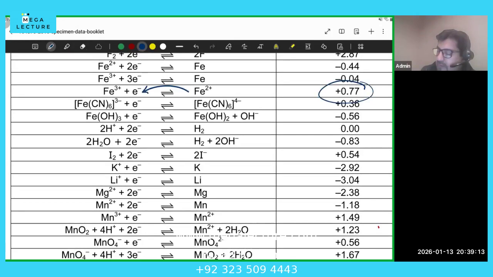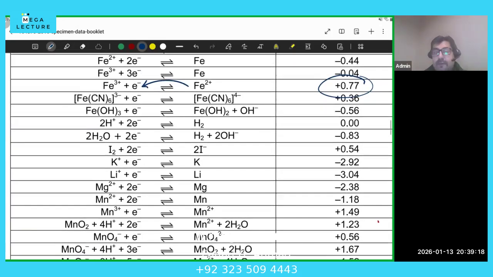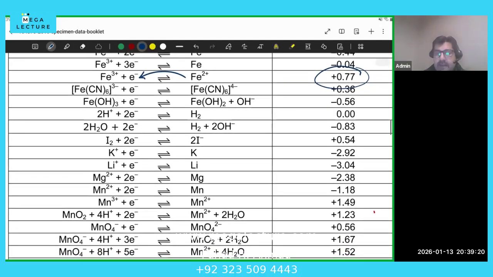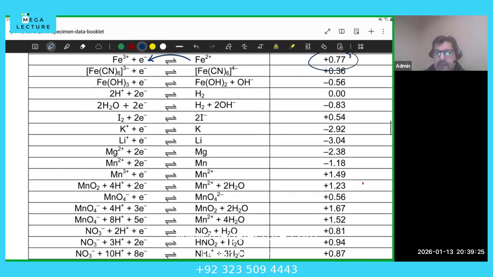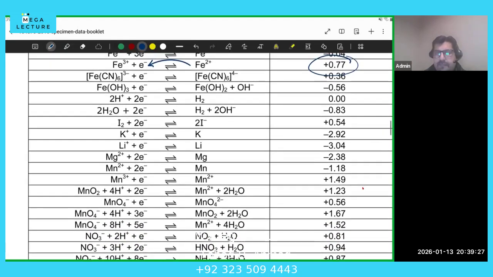If somebody wants to make it lose electrons, you're going to add an oxidizing agent, let's say MnO4-. So MnO4- is right below this. Now MnO4- can only gain electrons if it has the higher potential. So this MnO4- has 1.67 volts, it has the higher potential, so it will gain electrons, right?